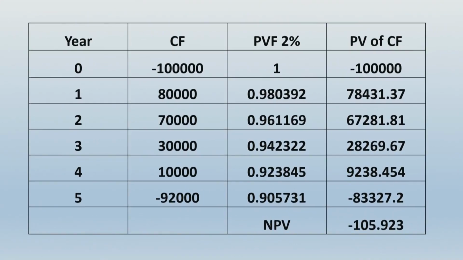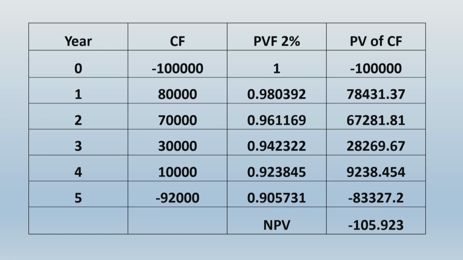So now we have made a trial at just 2% discounting rate, and you will be surprised to observe the result. At 2% discounting rate you are getting a negative NPV. Actually speaking, with lowering the discounting rate your NPV should have increased, but in this case where there is a negative cash flow at end of the project life, lowering the discount rate may actually lower down the NPV also, and that is evident from this calculation given on the screen.